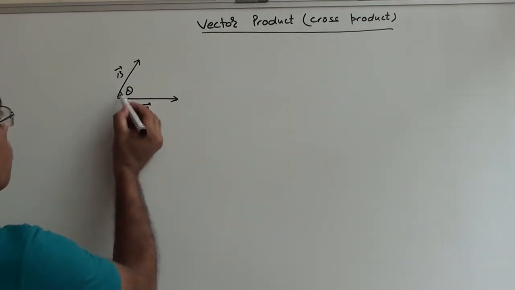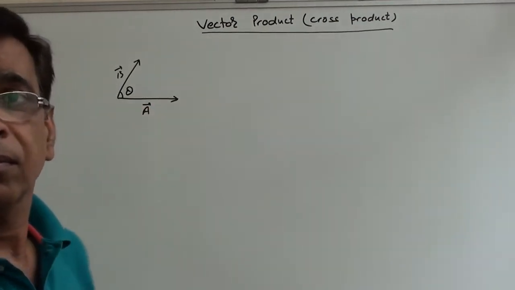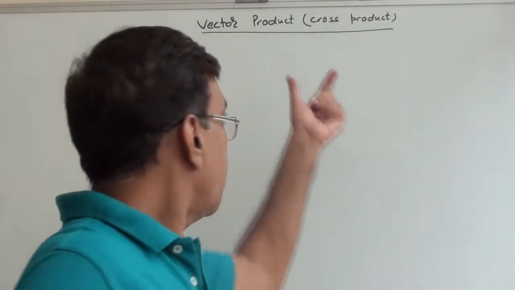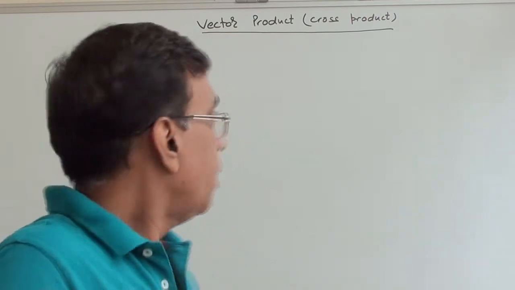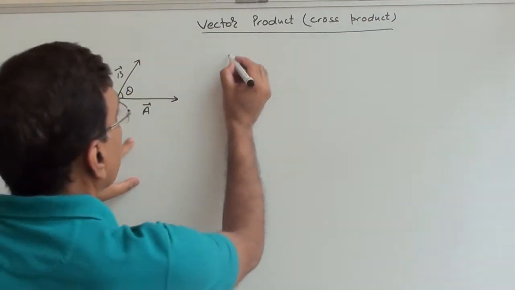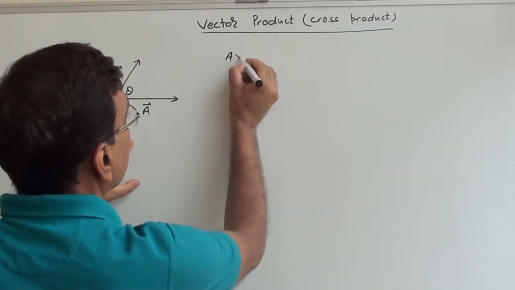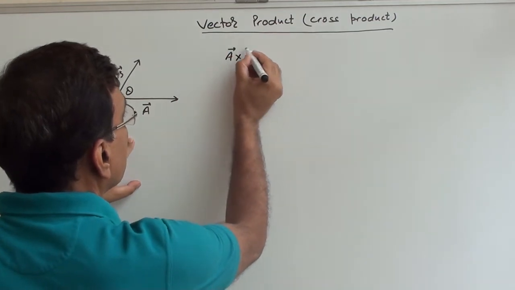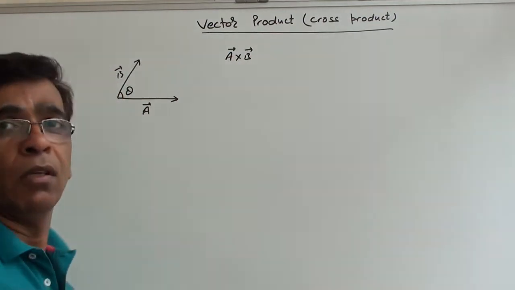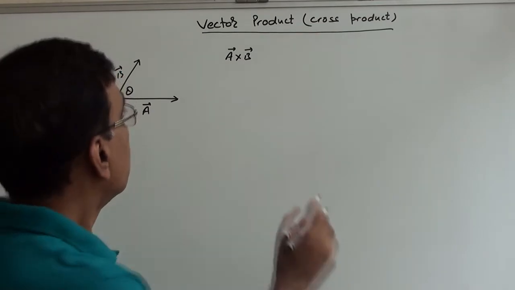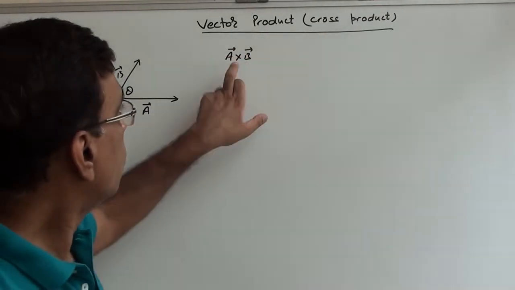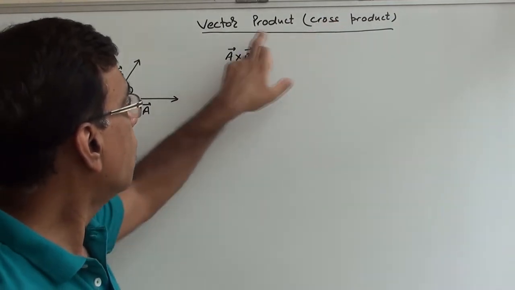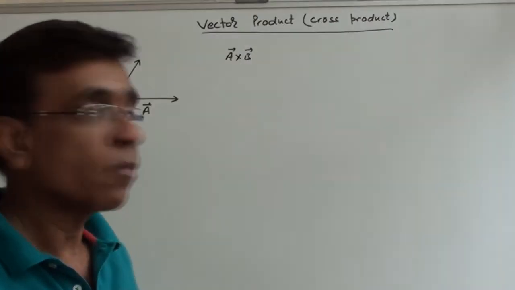The cross product of the two vectors we call the vector product, which means that the quantity we get will be a vector quantity. We use cross to denote the product of the two vectors, and this quantity A cross B will be a vector.